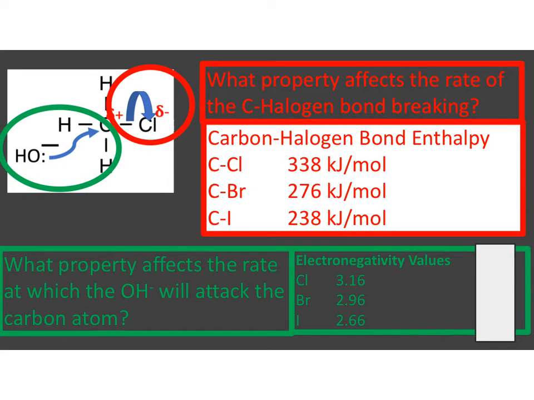So by using carbon-halogen bond enthalpy data, we would expect the rate to increase as we go down the group, as the carbon-halogen bond gets weaker. But if we look at electronegativity values, we'd expect the rate to decrease as we change the halogen down the group.